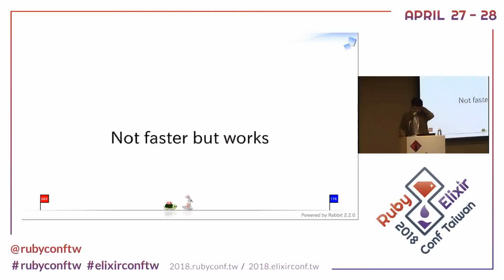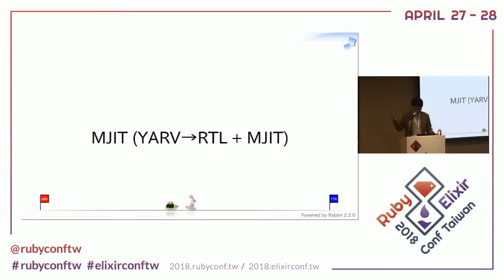It's not as fast as the first version of MJIT, but it works better. And then Vlad did not give up. He's working on a new version of MJIT, which translates the YARV bytecode to RTL, then compiles RTL into C using the MJIT framework.